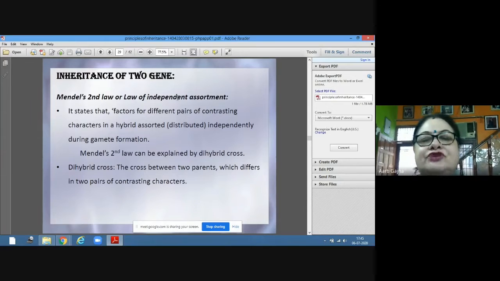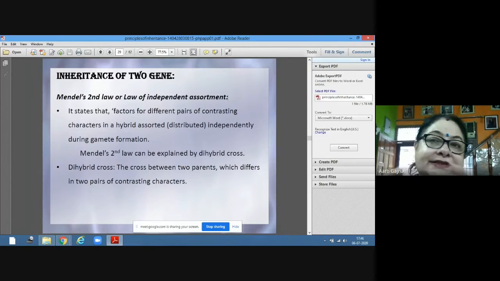It is not that wherever round goes, yellow will go. No. Round is going with green also, round is going with yellow also. Similarly, yellow is also going with green, yellow is also going with wrinkled as well as round. So they are independent. They are not depending on each other at the time of assortment.